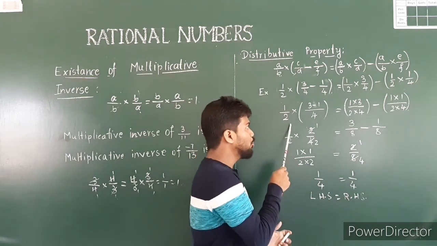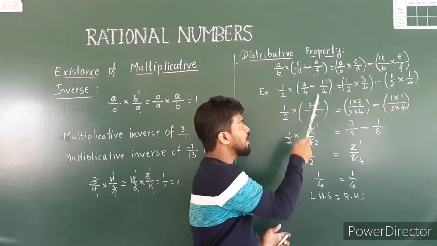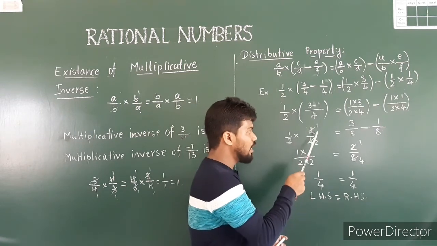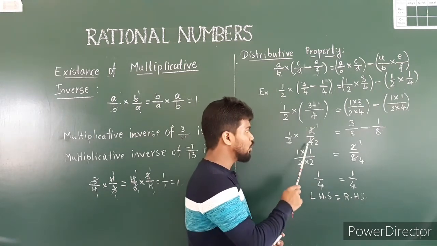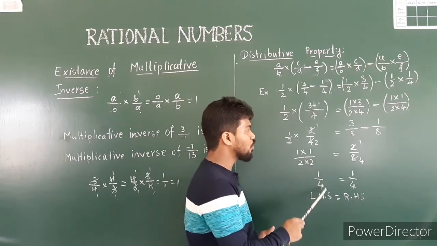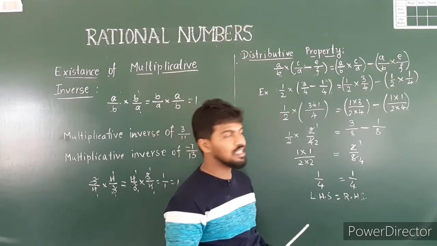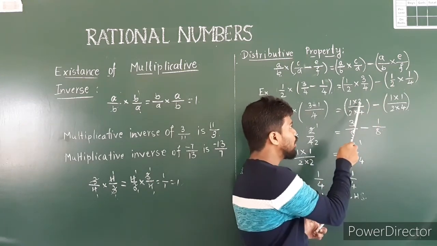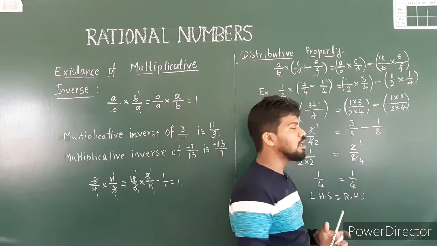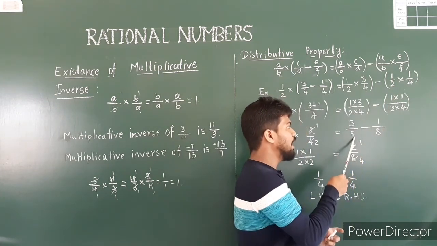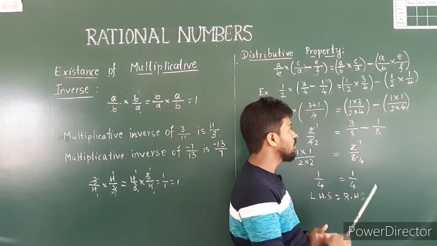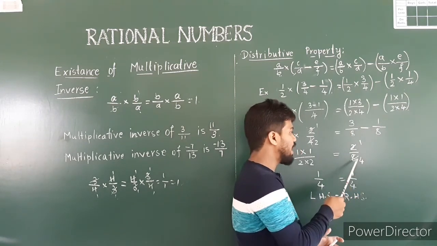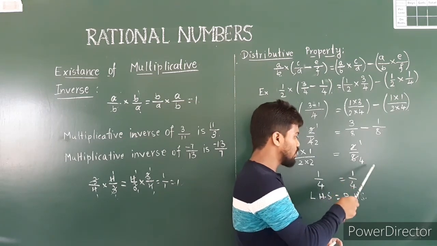Now for the LHS, 1/2 into (3/4 - 1/4), with common denominator 4, 3 minus 1 gives 2/4. So 1/2 into 2/4: the common factor is 2, so 1 into 1 divided by 2 into 2 gives 1/4. The LHS is 1/4. Now the RHS: 1/2 into 3/4 minus 1/2 into 1/4 is 1 into 3 over 2 into 4 minus 1 into 1 over 2 into 4, so 3/8 minus 1/8. With common denominator 8, 3 minus 1 gives 2/8, and the common factor 2 gives 1/4.